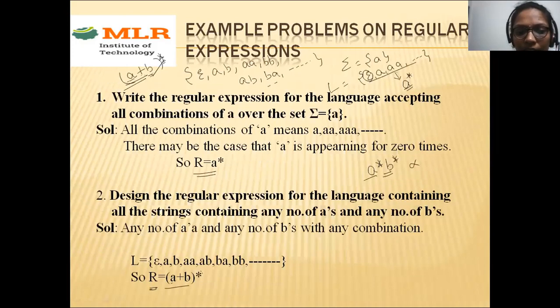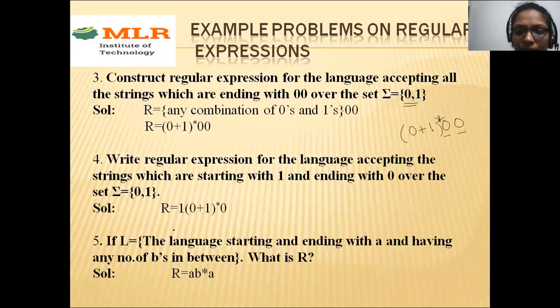Previously we have seen how we get (A plus B) whole star: it means any combination of A's and B's, A's followed by B's or B's followed by A's. So the ending should be 00, but before this you may have any number of zeros or ones or any combination of zeros and ones. That means (0 plus 1) whole star followed by 00. So this is the regular expression.